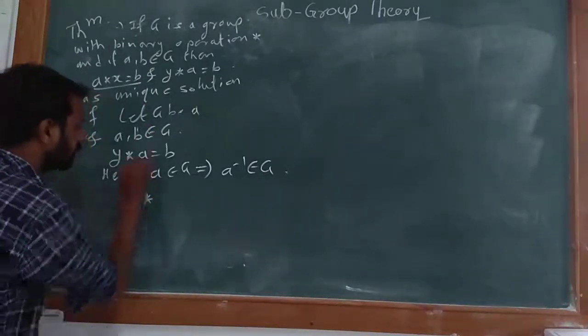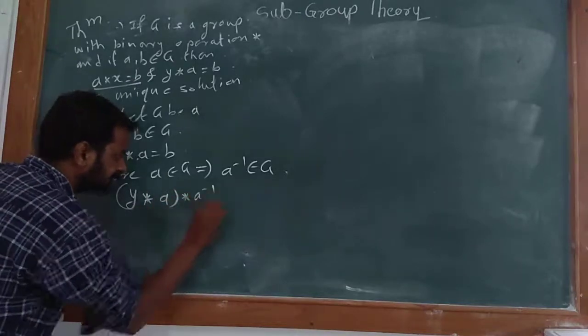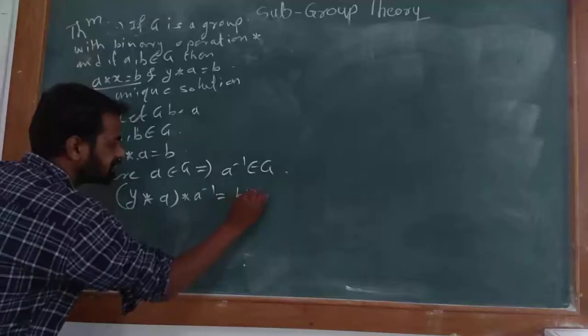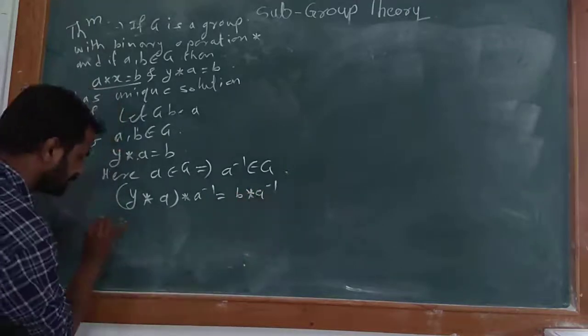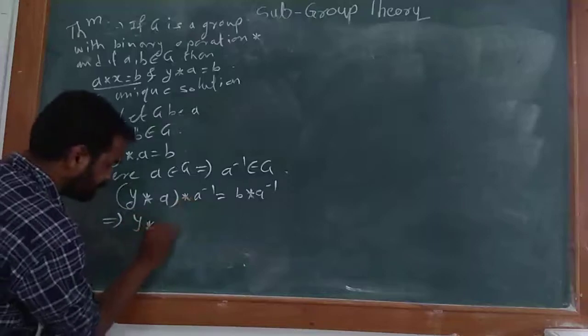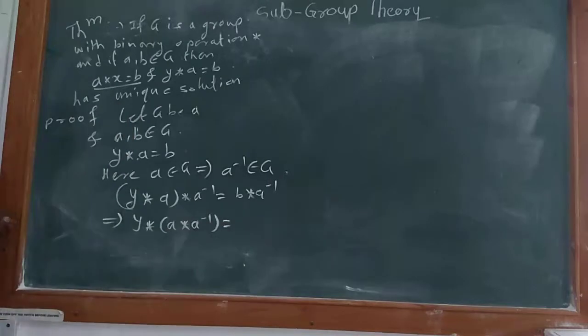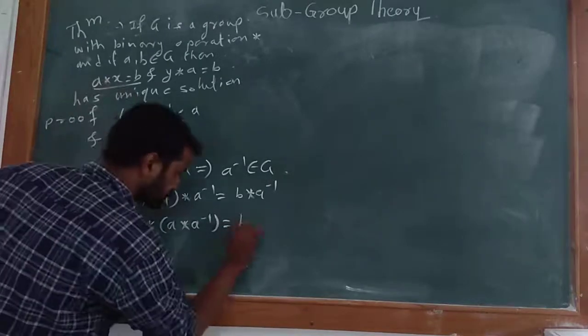Therefore, by post multiplying this equation by A inverse, we get y star A inverse is equal to B star A inverse.